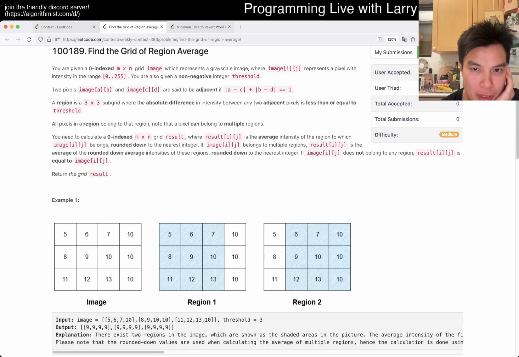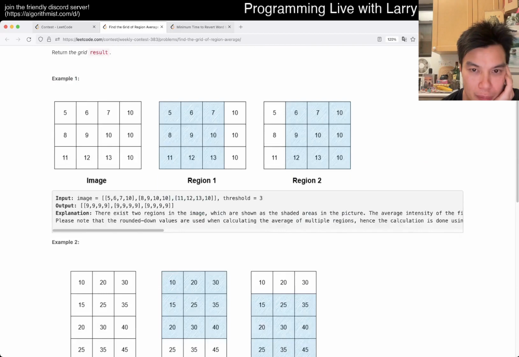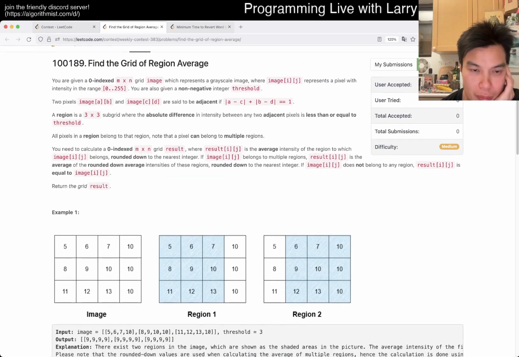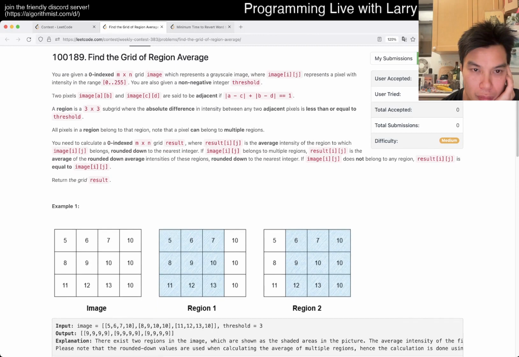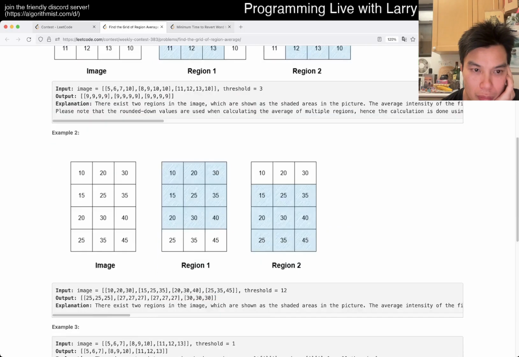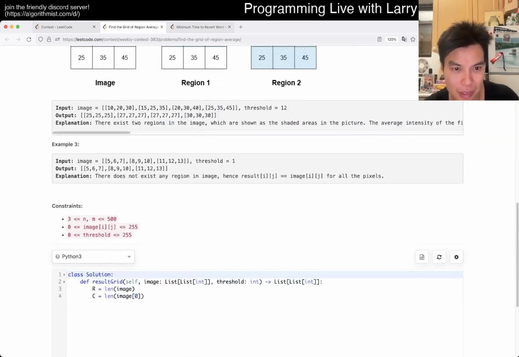Absolute difference in intensity is less than, okay. Okay, I think I get what they're asking, but it's still a really weird problem.